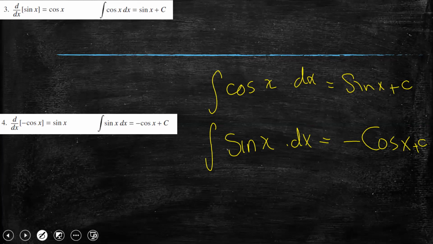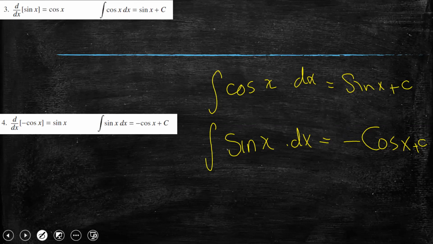So the integration of cosine is sine, and the integration of sine is negative cosine. Be careful. Here, we said before, the derivative of cosine is negative sine. And I told you before, the derivative of any trigonometric function starting with letter C is negative. Here, in integration, it is positive.